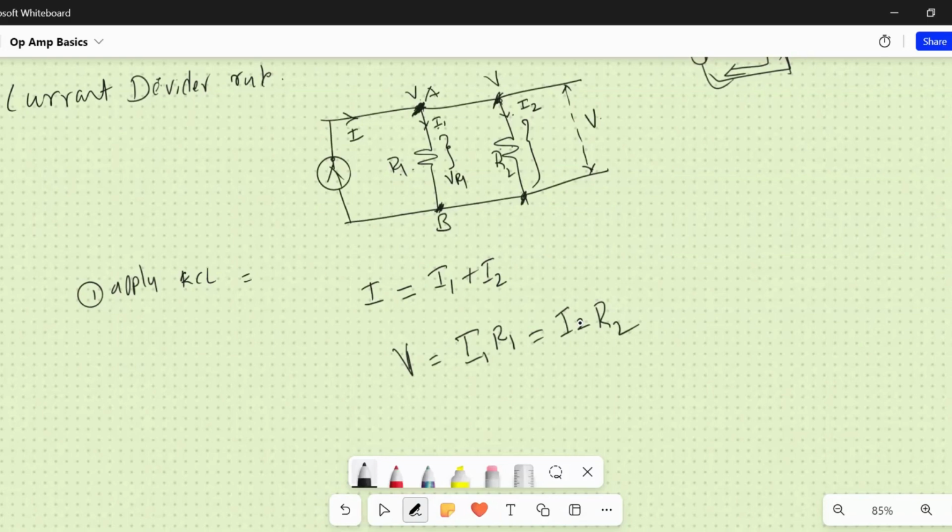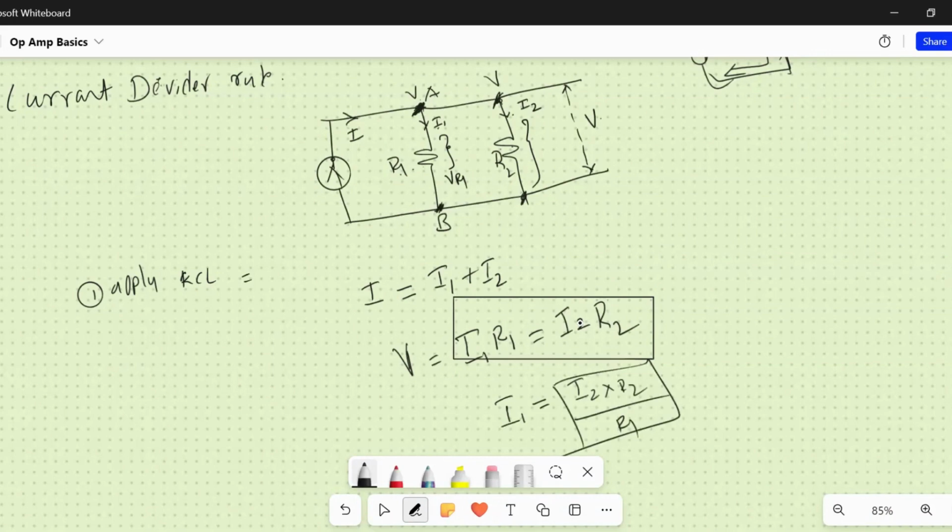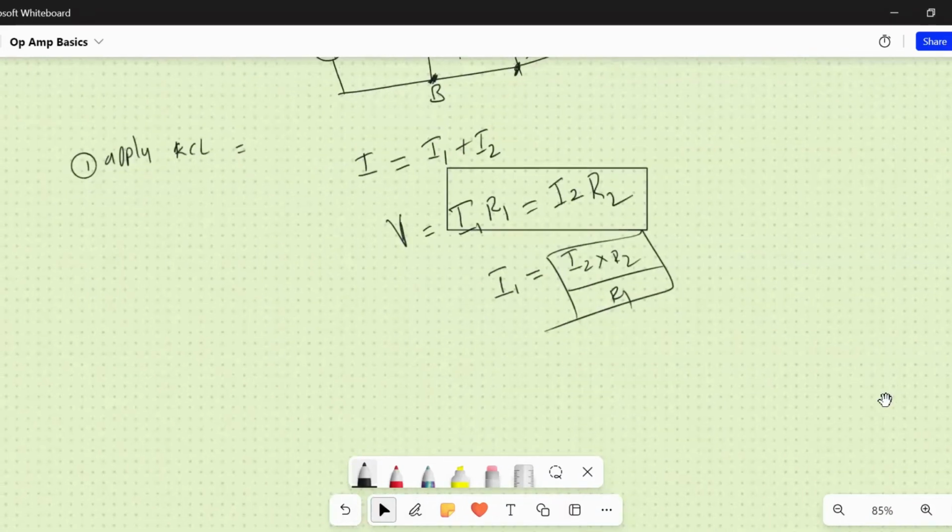So what is I2? I1 is equal to I2 into R2 divided by R1. Now this I1, you got this value. Can we apply the same thing?